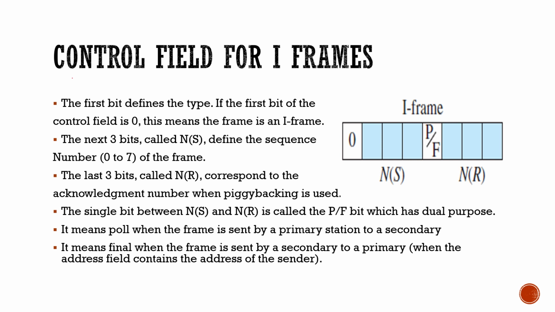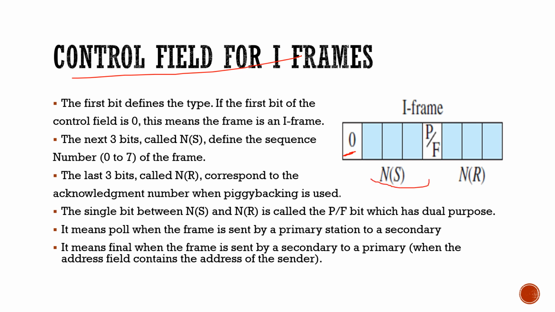So next is the control field for I frames. So what is the control field? The control field is the one which is going to have your flow and error control. In a control field, if the first bit is 0, then it is going to be for an I frame. So this 0 indicates that this control field is for an I frame.